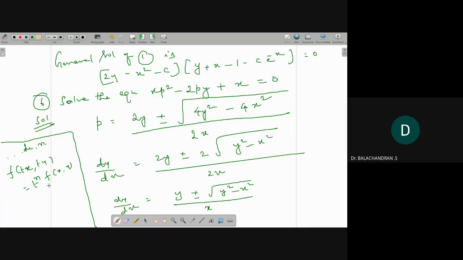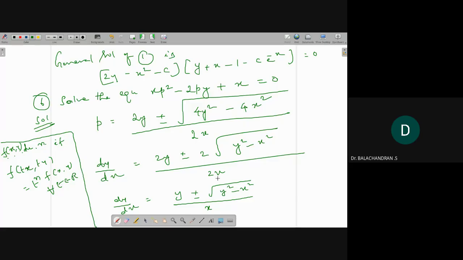This is true for every t in R. Again I'll repeat, f of x comma y is a homogeneous function of degree n if f of tx comma ty equals t power n into f of x comma y. This is true for every t.